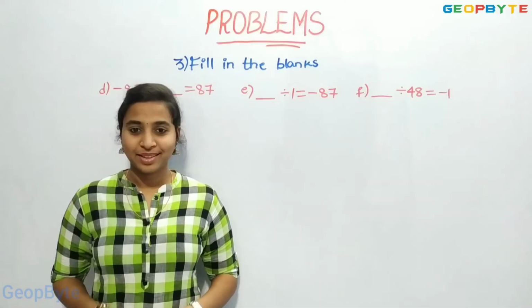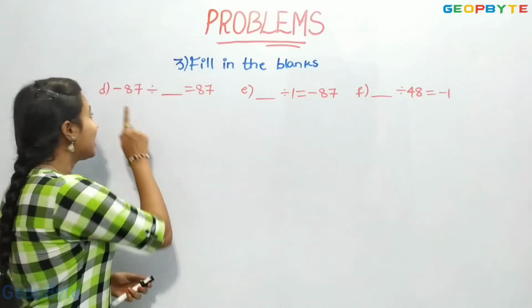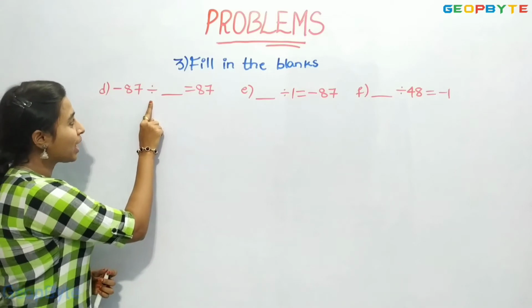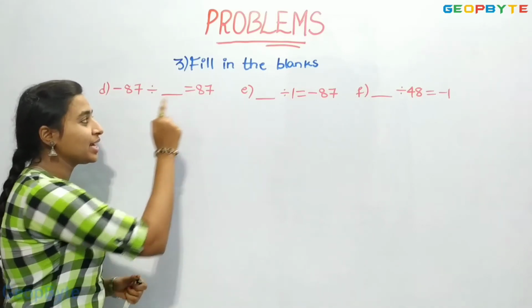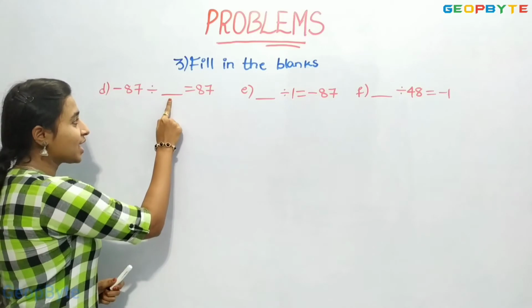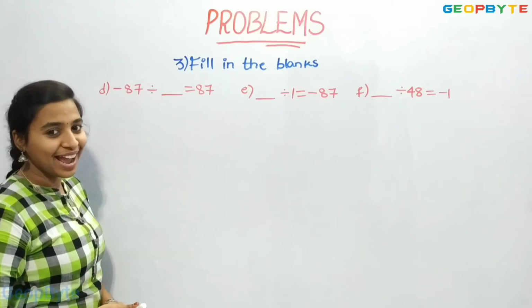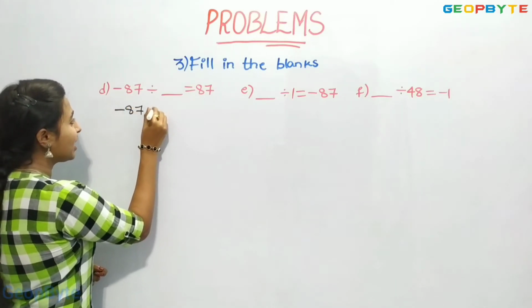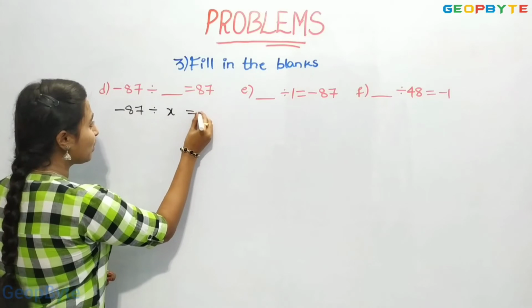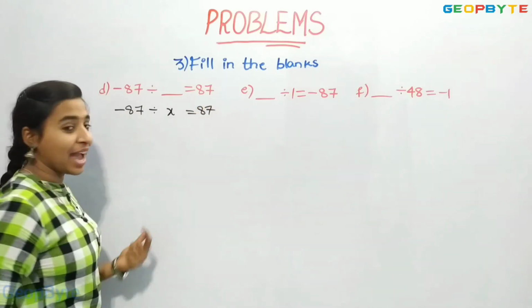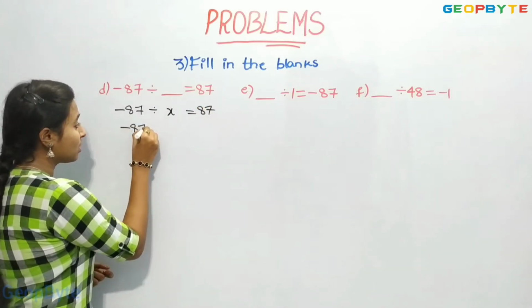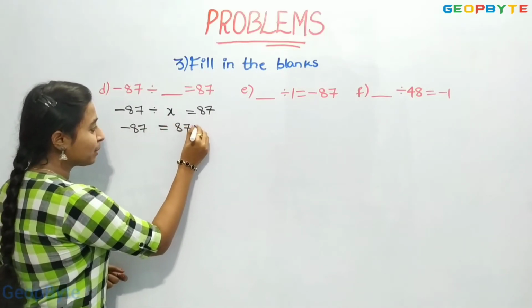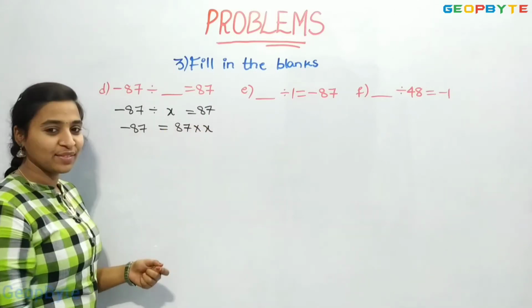Now, let us see the D bit. We have minus 87 divided by dash is equal to 87. Now, let us assume this missing integer as x. Minus 87 divided by x is equal to 87. As you know, this x, when it goes to the right hand side, gets multiplied with the number 87.